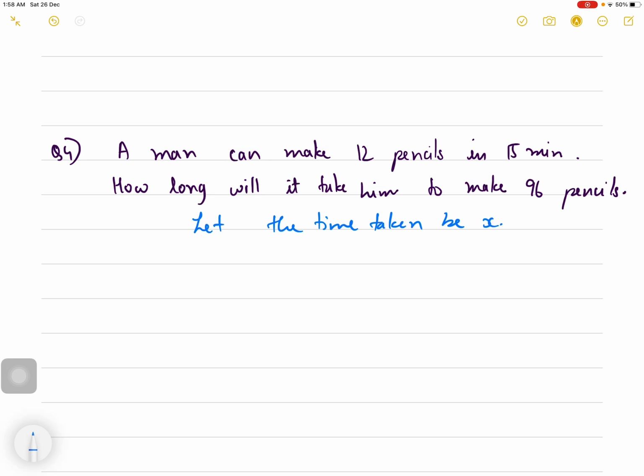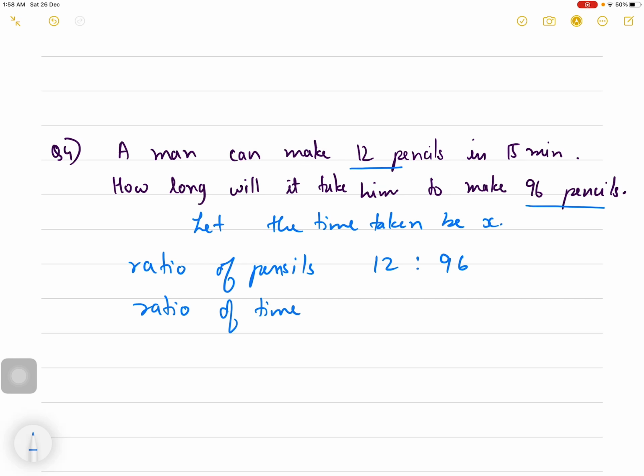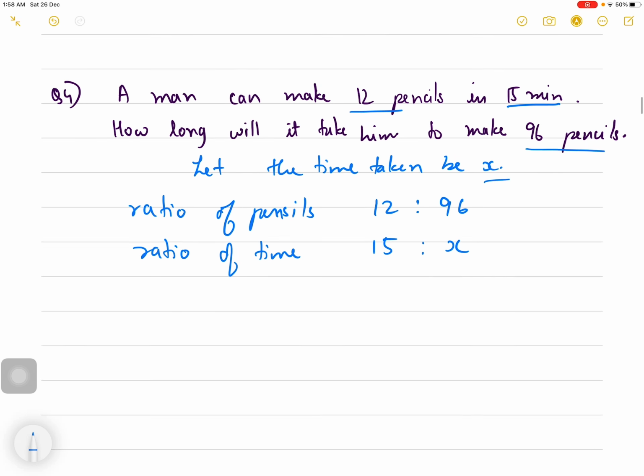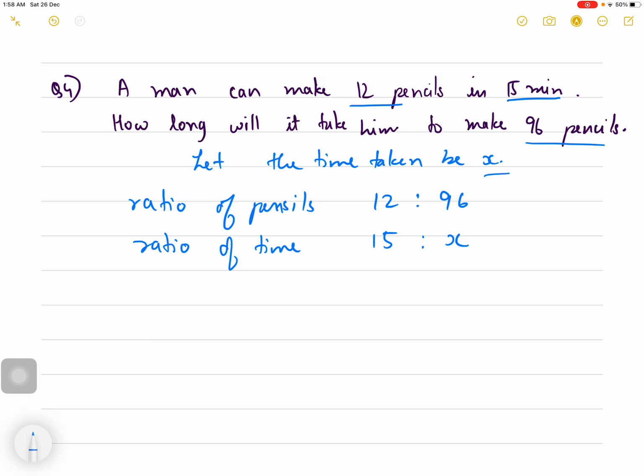So the ratio of pencils is 12 pencils and 96 pencils. So 12 is to 96. And the ratio of time is 15 minutes and X minutes. So 15 minutes is to X, right?